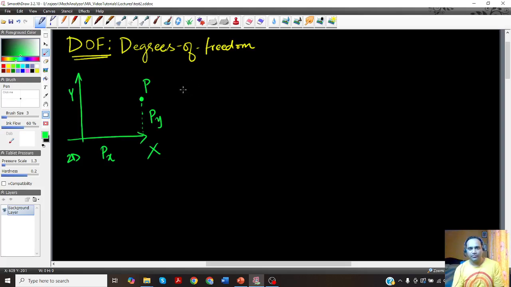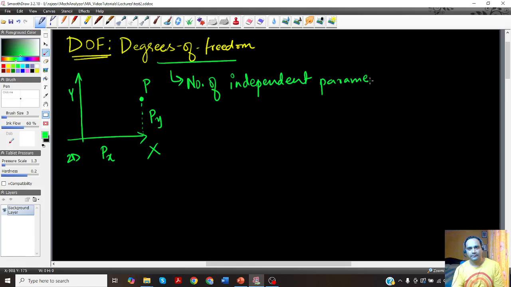So degree of freedom is basically the number of independent parameters required to represent a system.